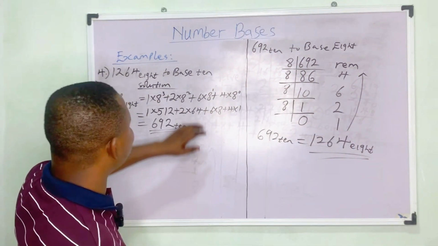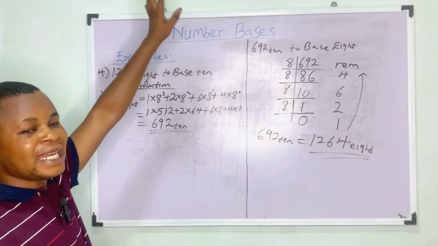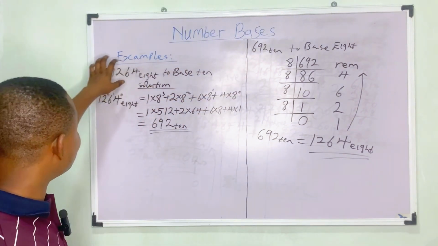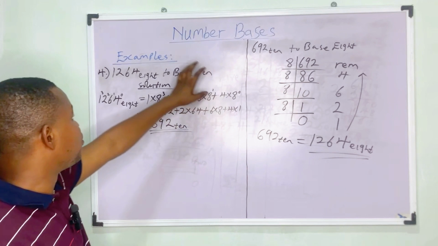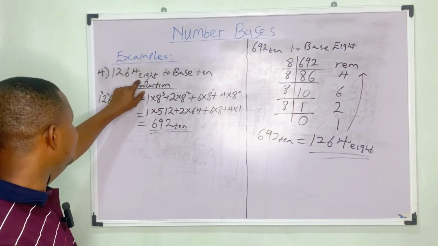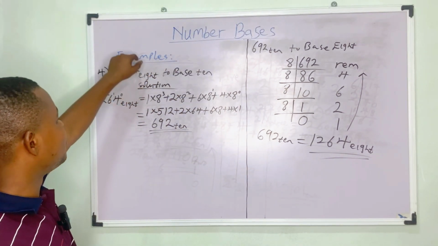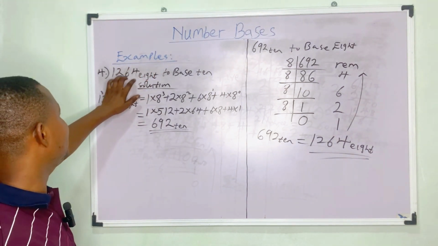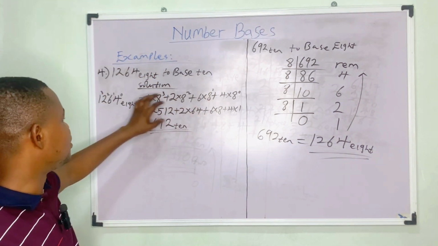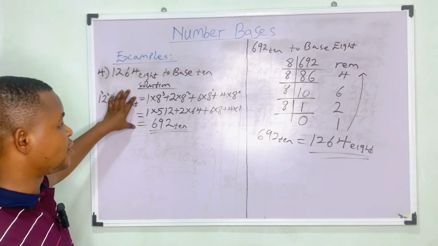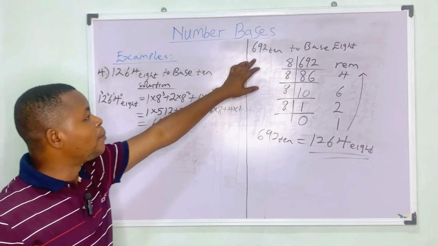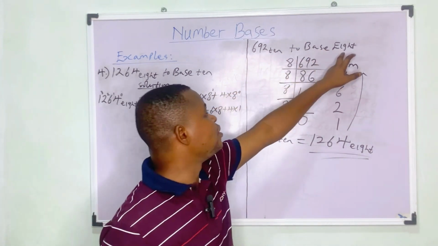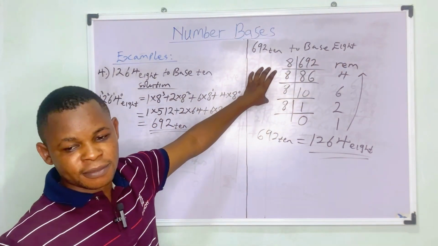Conversion you might want to do from any base to another base, we pass through this process. When you are converting from any base, either base 2, base 3, base 4, or base 5, like I said earlier, whenever you are converting from any base to base 10, you take this process. And when you are converting from base 10 to any other base, you follow this process.